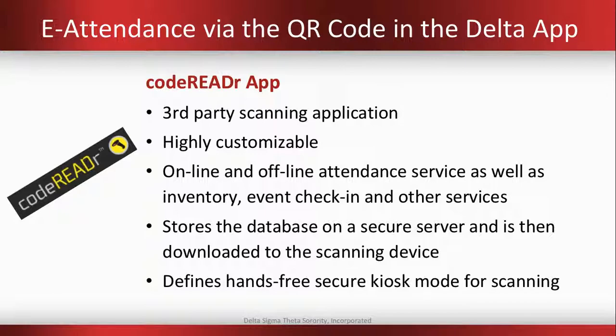It has an attendance service. There's a database that's stored on the CodeREADr server, which is used to validate the scan records. And it also produces scan records from which we generate an attendance sheet.